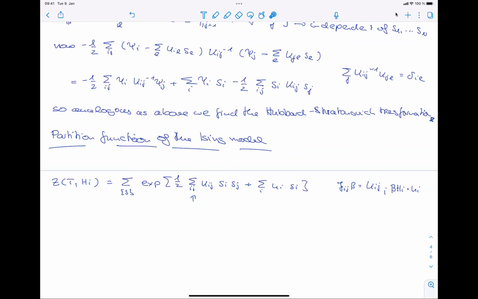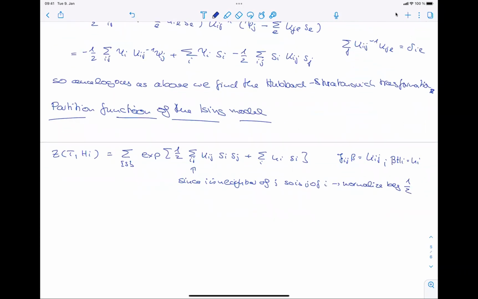So I always sum twice over the spin states, so I'm normalizing by a factor of 2.